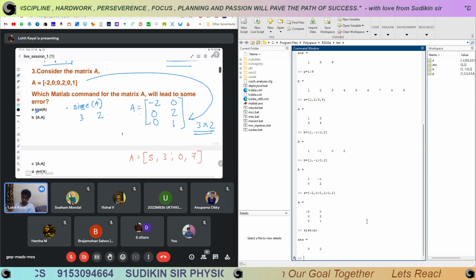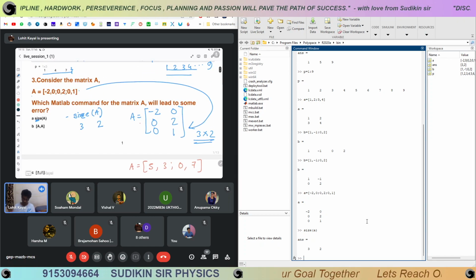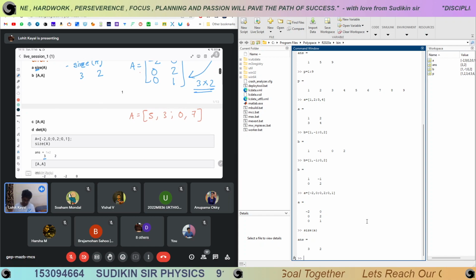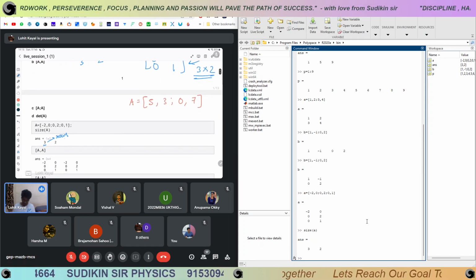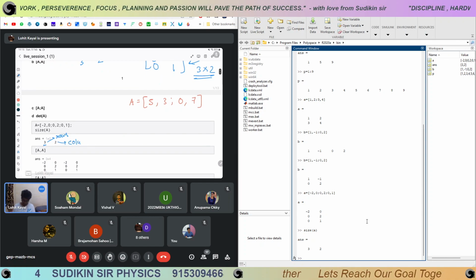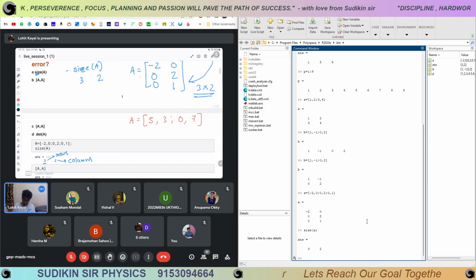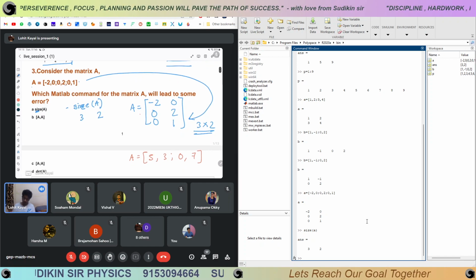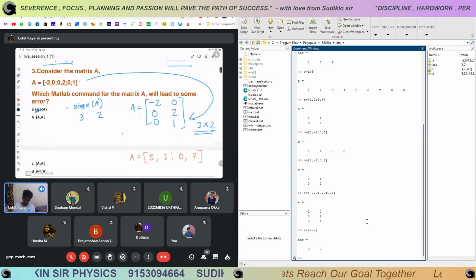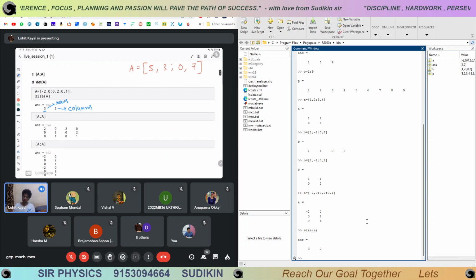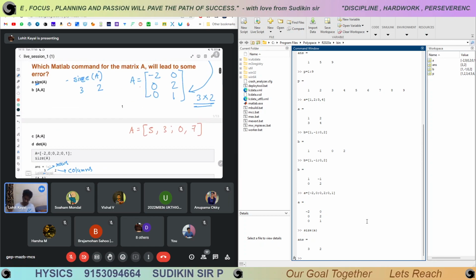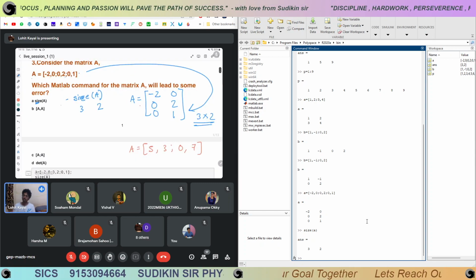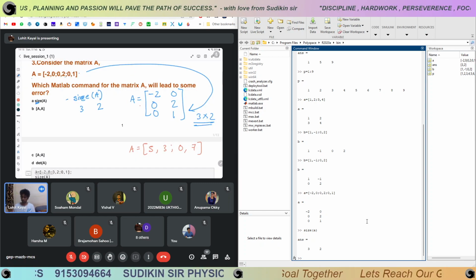We already know that it has 3 rows, so this indicates 3 rows and 2 columns. The question is, which MATLAB command will lead to some error? Obviously I have written in the code, this is occurring no error, because this is the inbuilt command in MATLAB. Whenever you give size of A, it will give you the number of rows and the number of columns.